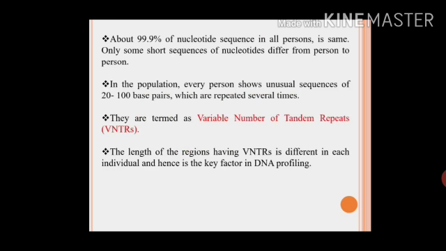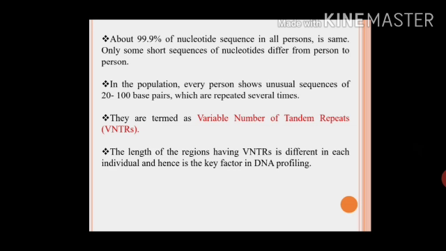Only some short sequences of nucleotides differ from person to person. In the population, every person shows unusual sequences of 20 to 100 base pairs which are repeated several times. They are termed as variable number of tandem repeats. Very important.